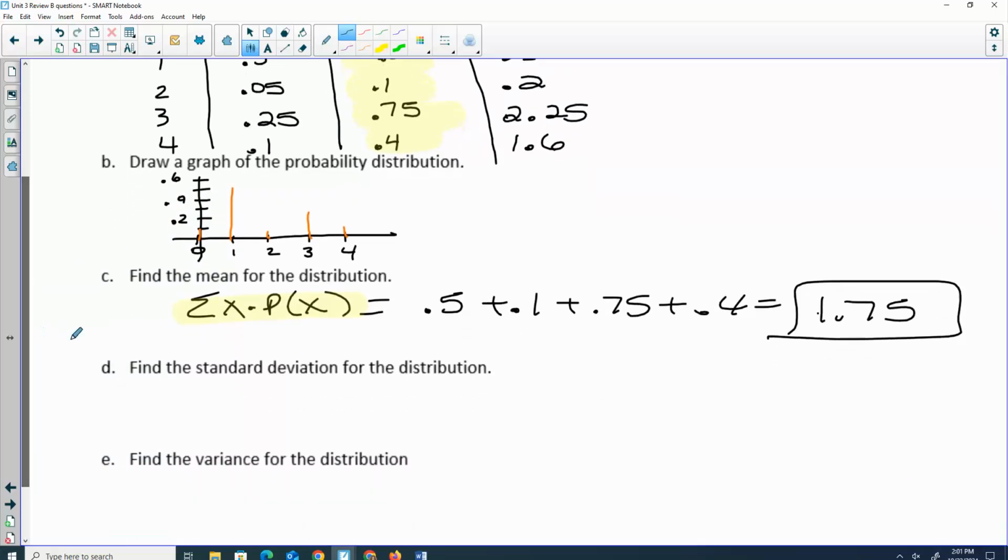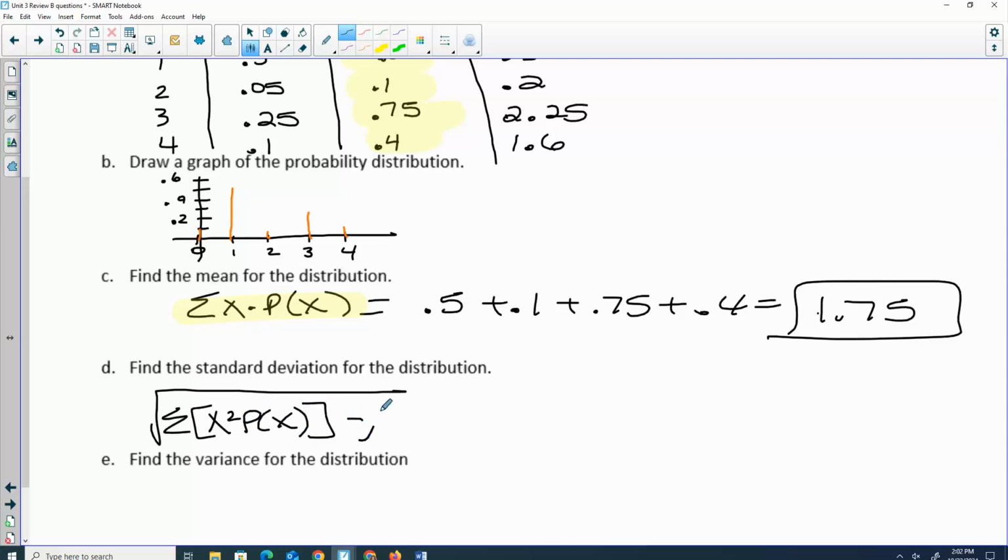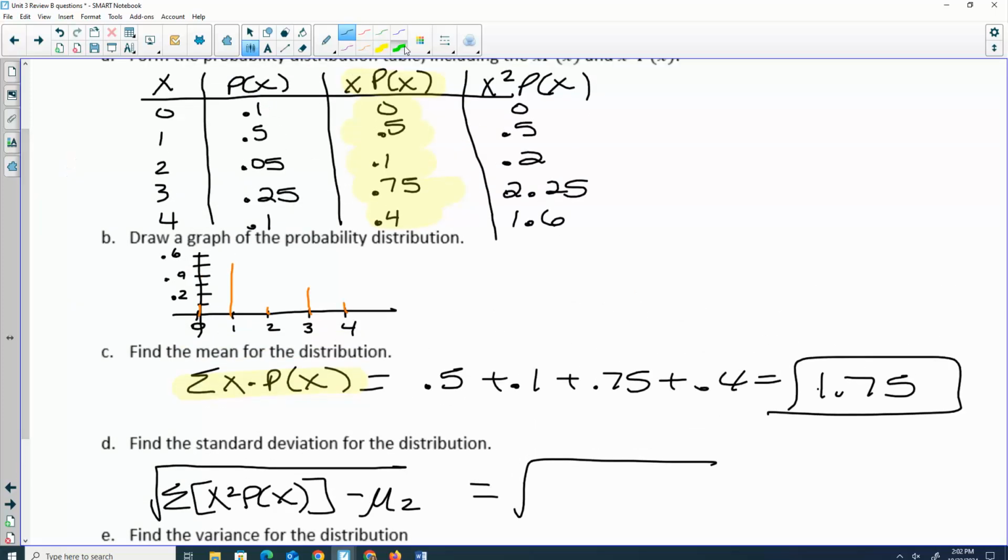D, find the standard deviation. So if we look on our formula sheet, it tells us for a probability distribution, it's the square root of the sum of the x squared p of x's minus the mean squared. So I have to add up my x squared p of x's.